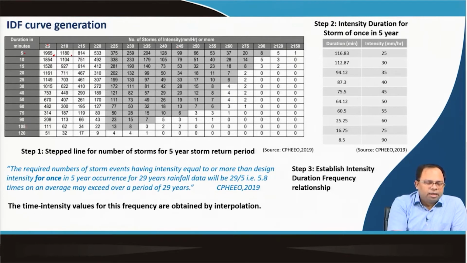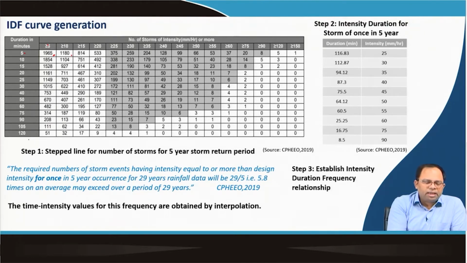Similarly, for a duration of 120 minutes, 51 rainfall events were recorded where the intensity was greater than 5 millimeter per hour.